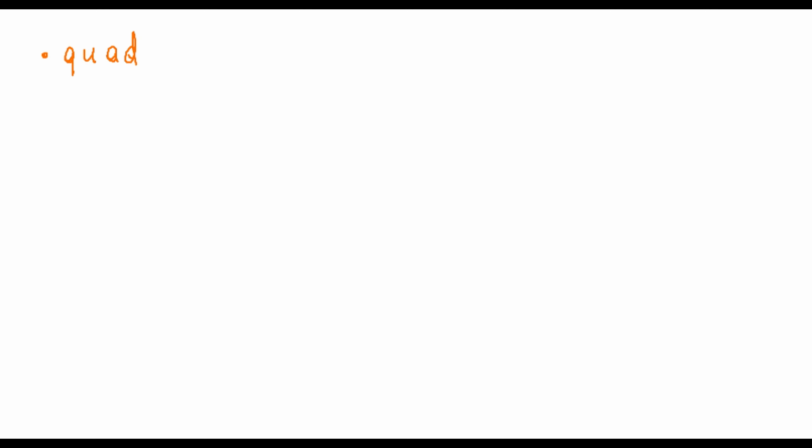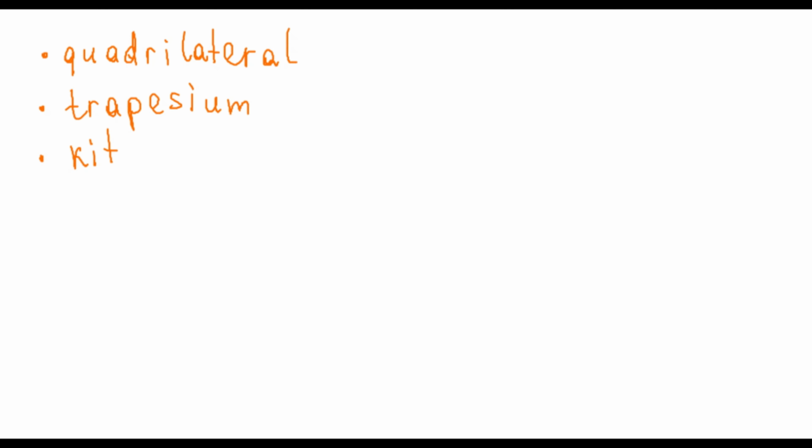About quadrilateral. What is quadrilateral? Quadrilateral is a polygon with 4 sides, or if we say quadrilateral is a shape with 4 straight sides. We learned about the types of quadrilateral like trapezium, and we know that trapezium can be isosceles, it can be right-angled.